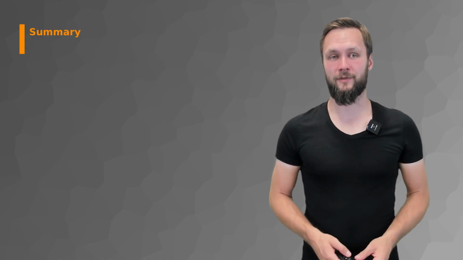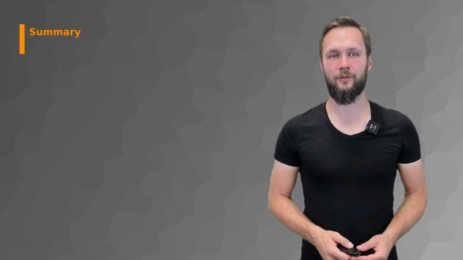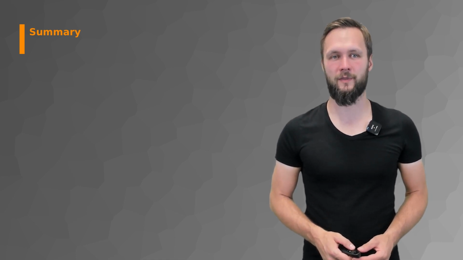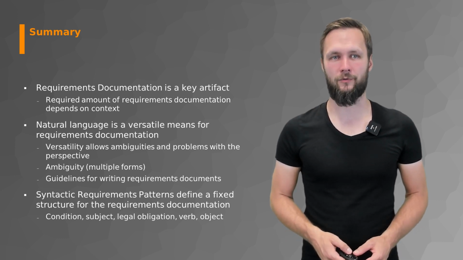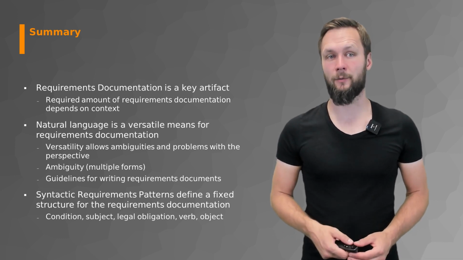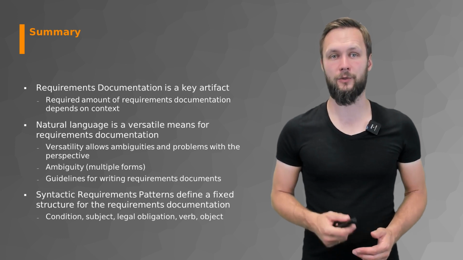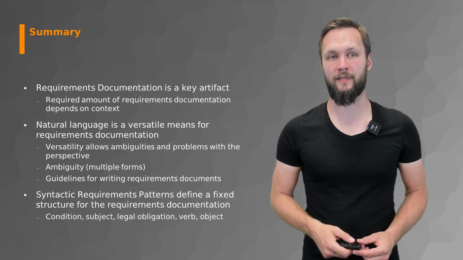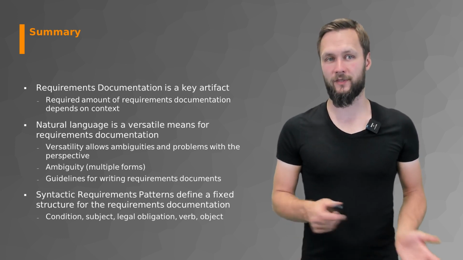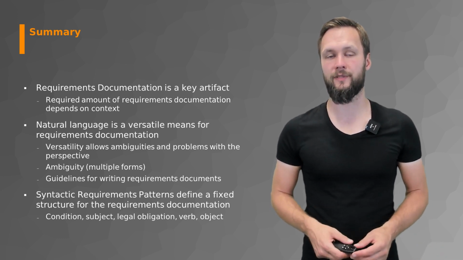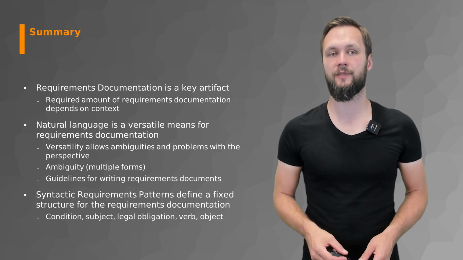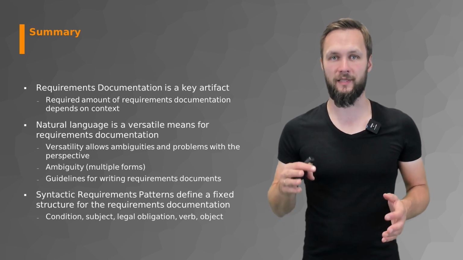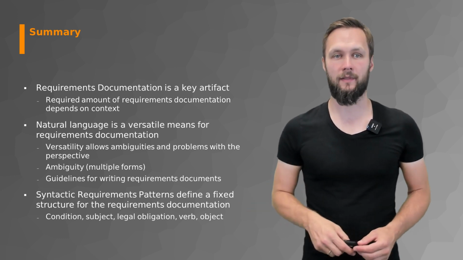And that brings us to the end of our lecture on textual requirements documentation. What are the key takeaways that you should remember from this lecture? First, natural language is very versatile and a good means for requirements documentation. The problem is that the versatility also allows for ambiguity, and you should be aware of that. There are multiple forms of ambiguities and you should be able to avoid them.